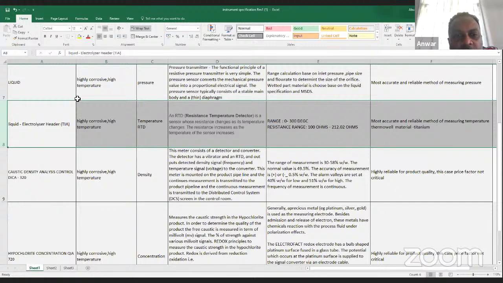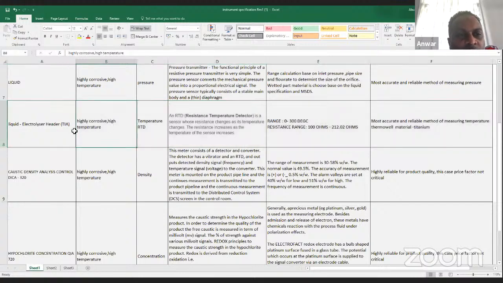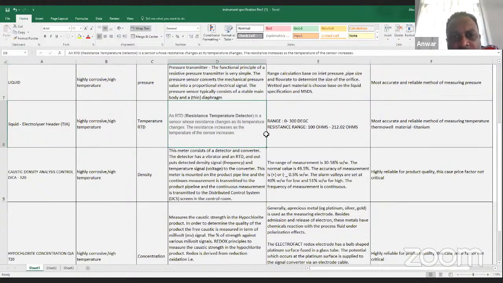Previously we had a directly mounted RTD in the stream that caused the sensor to fail every 6 months. So that was the earlier design of the plant. It was determined that this RTD will fail every 6 months, and they had put that into the design.